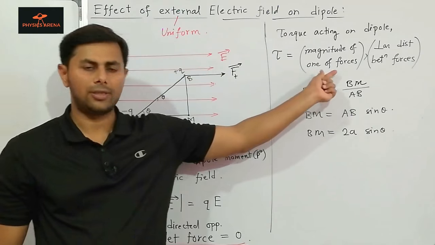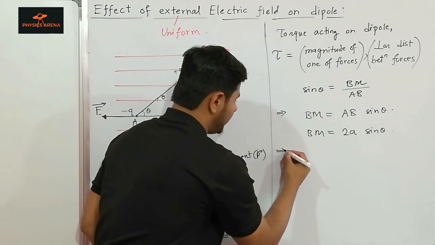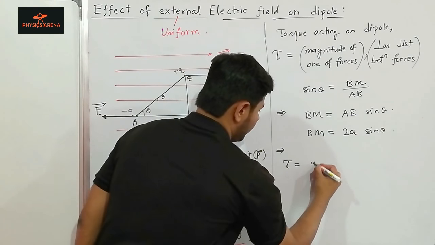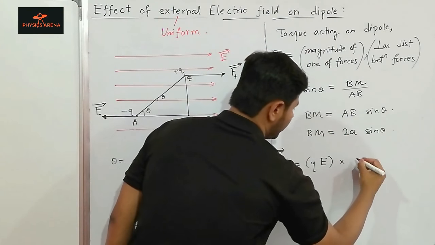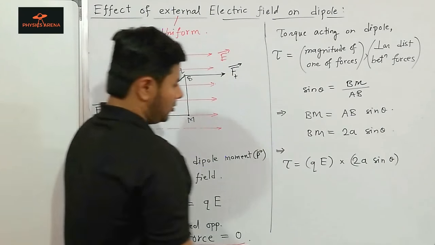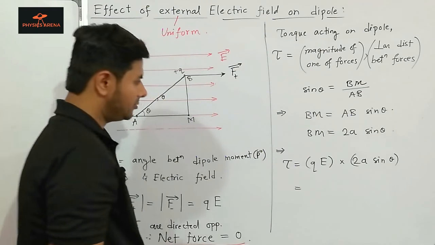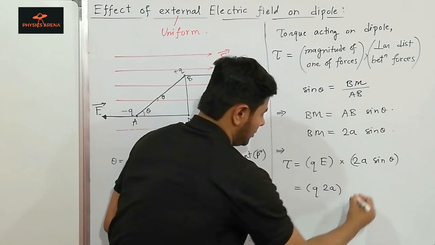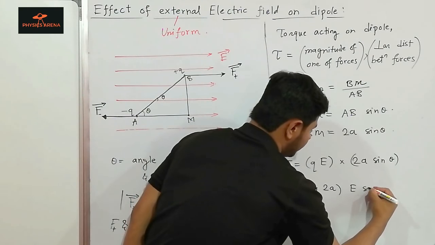Now let's put in the values of the magnitude of force and the perpendicular distance. So tau, the torque, is equal to the magnitude of force, Q into E, multiplied by the perpendicular distance, 2A into sine theta. Okay, now let's group Q and 2A together. You know why we are doing this. So Q into 2A, multiplied by what we are left with, E into sine theta.